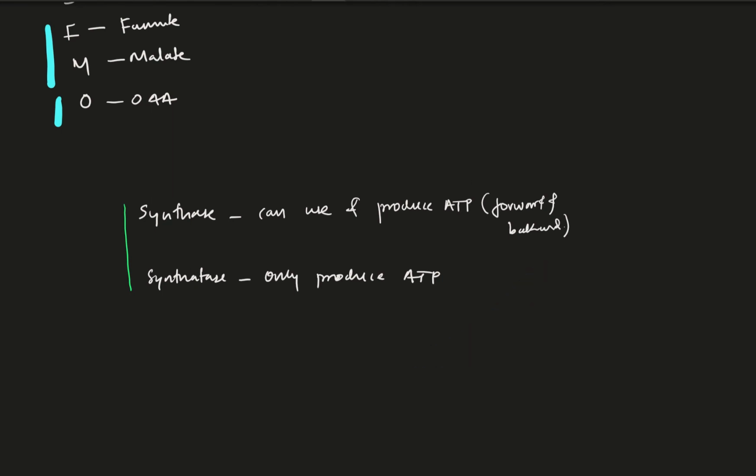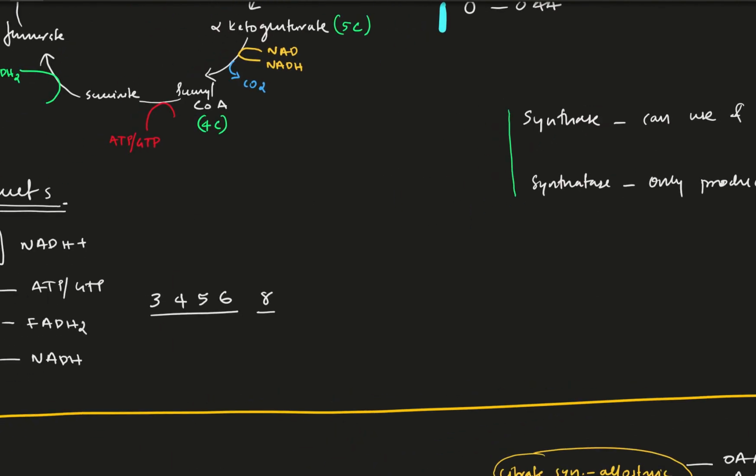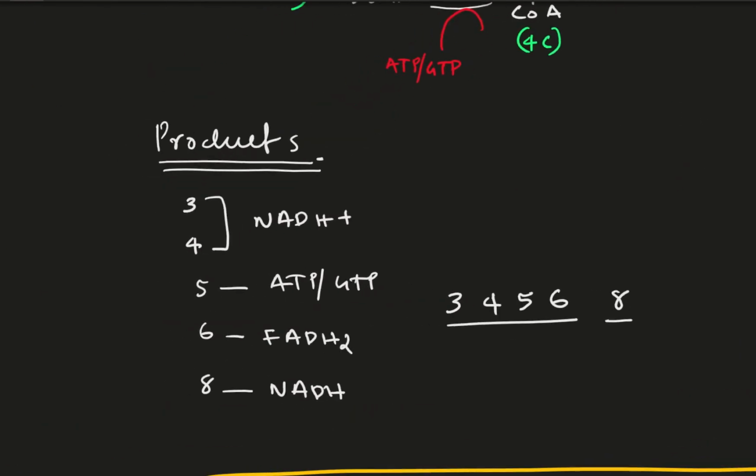But synthetases are enzymes which can only produce ATP and not utilize ATP, so they only do the reaction in one direction.